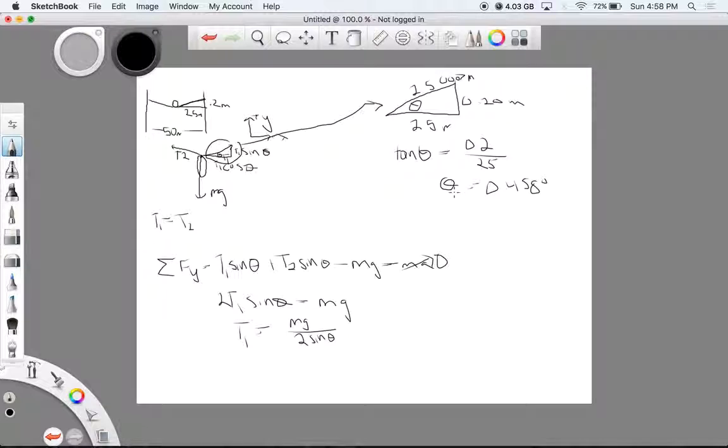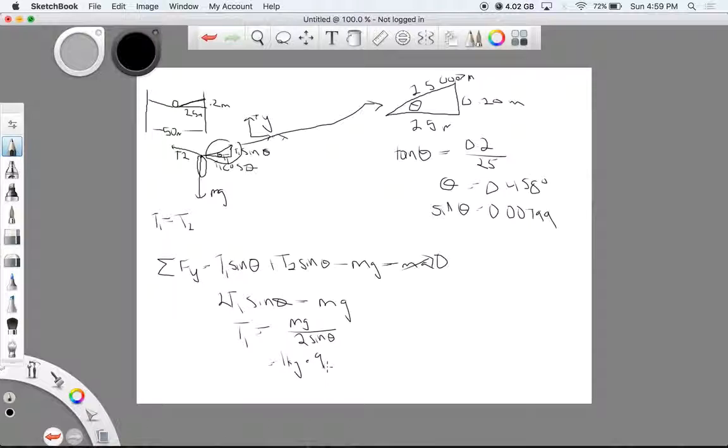We can figure out sine theta because it'll make our work easier. Sine of 0.458 degrees is 0.00799.